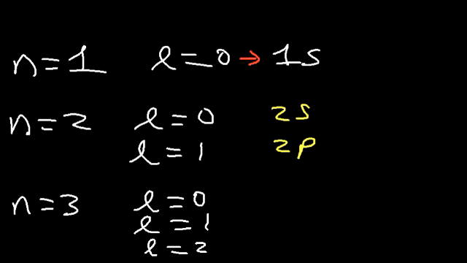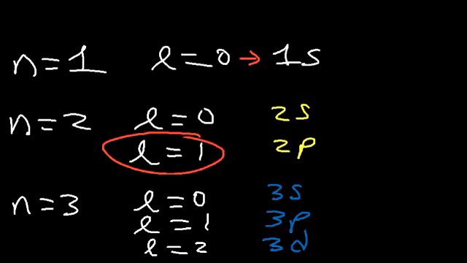Because in the third energy level, we have the 3s sublevel, the 3p sublevel, and the 3d sublevel. So the number of sublevels is always equal to the energy level. And notice that the maximum that L can be is always 1 less than n. So L is less than or equal to n minus 1.